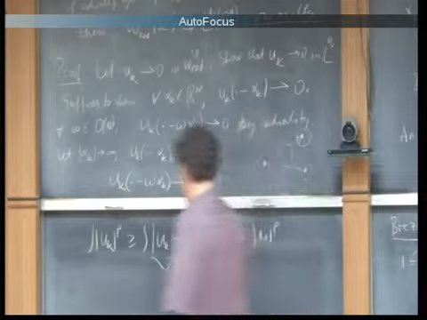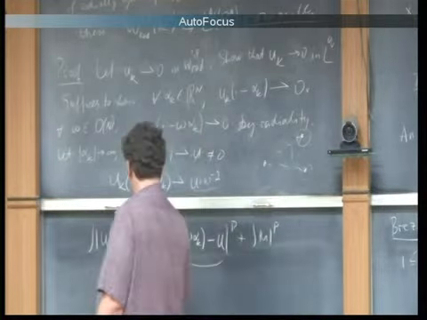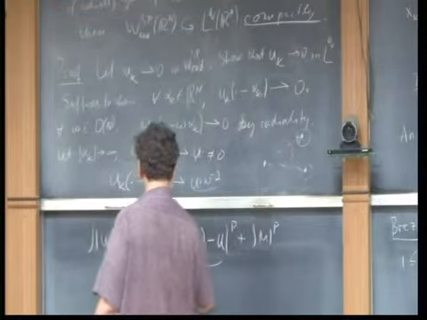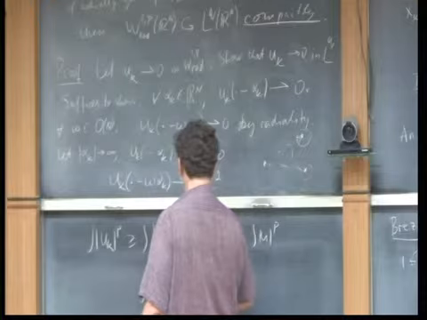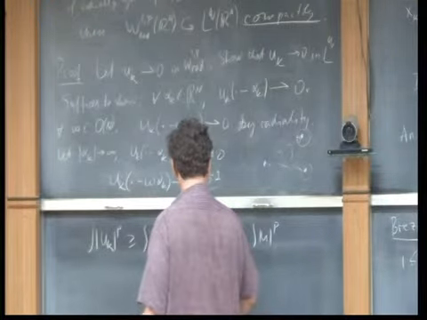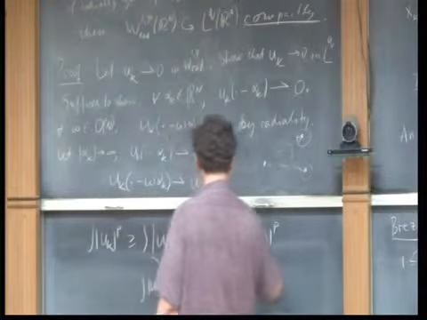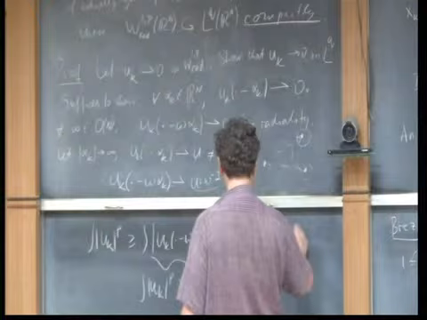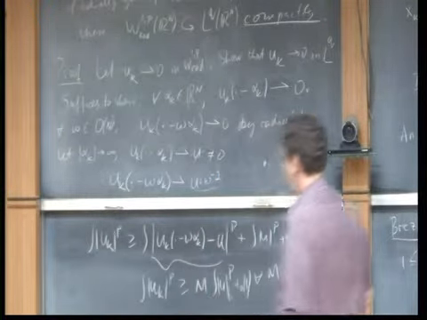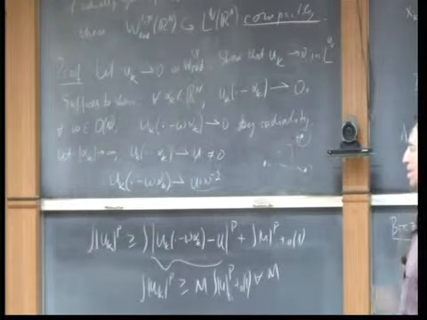So what we get, in fact, is because there can be infinitely many terms, we get by iteration that the norm of u_k to the power p is greater or equal than m times the norm of u to the power p for any m, plus o(1). And this is, of course, a contradiction because we started with a bounded sequence.